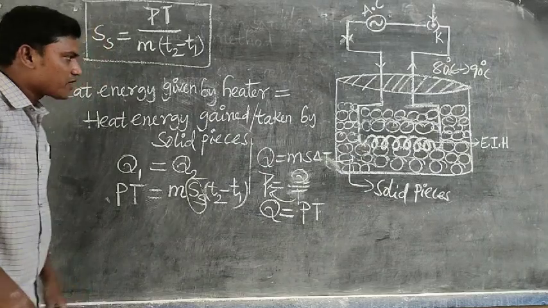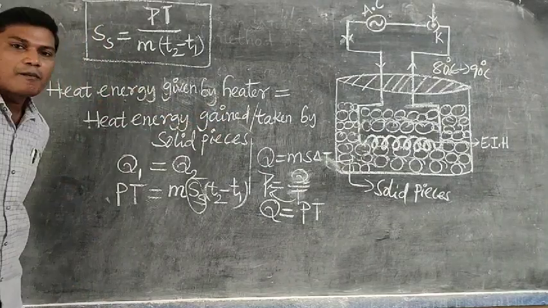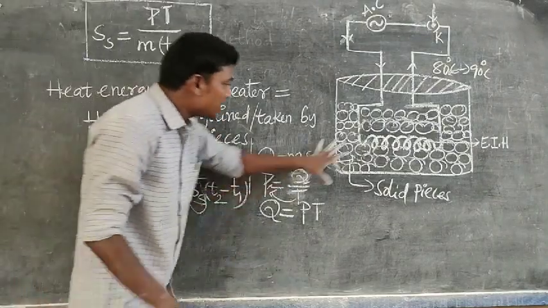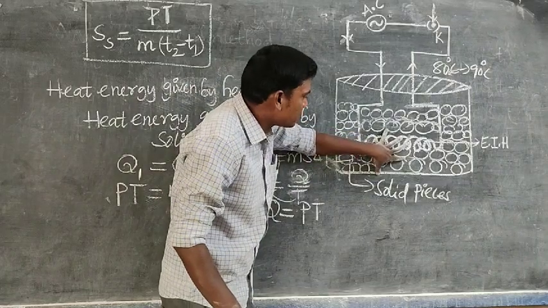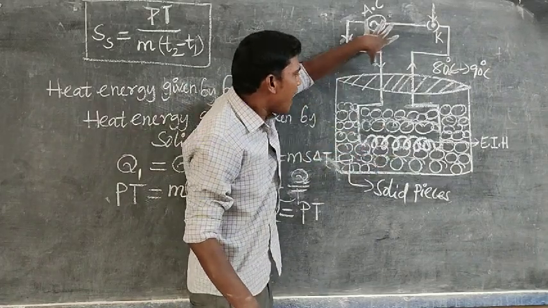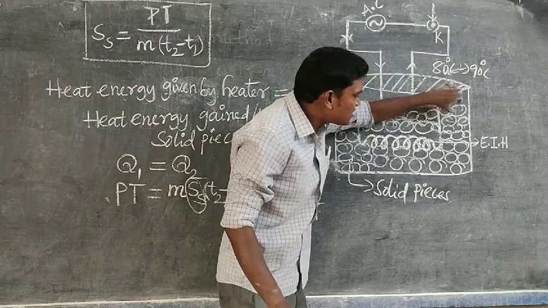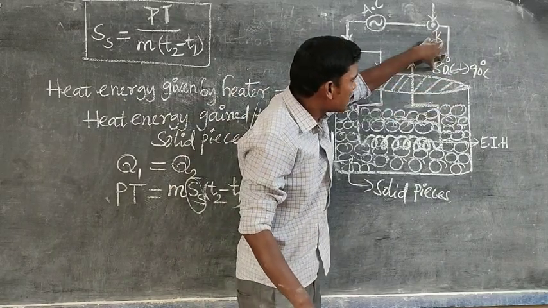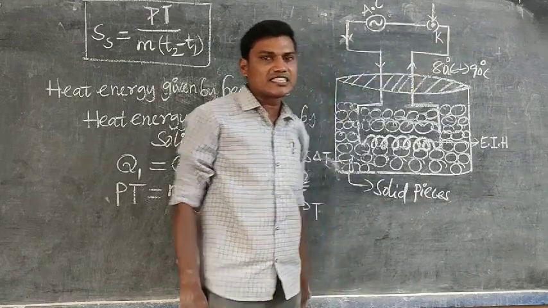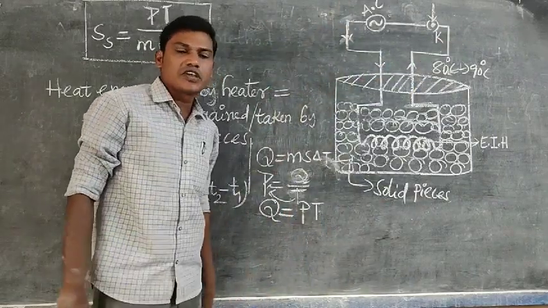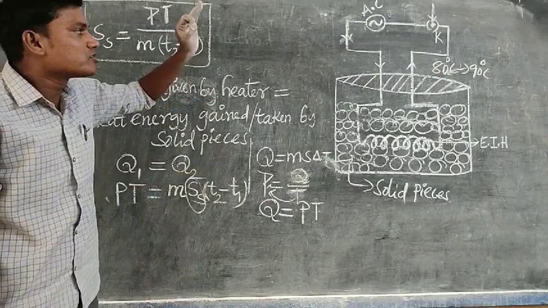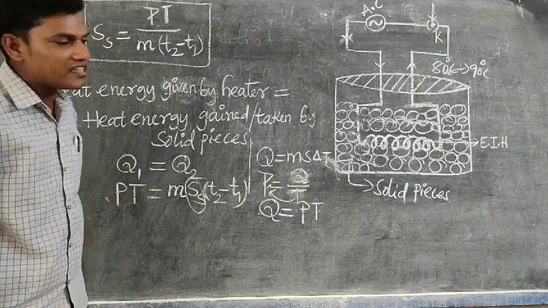So in this concept we are using the method of mixture. Here we allow the current up to the time when the solid pieces temperature reaches between 80 to 90 degrees Celsius. At that time we switch off, or stop supplying current in the circuit.